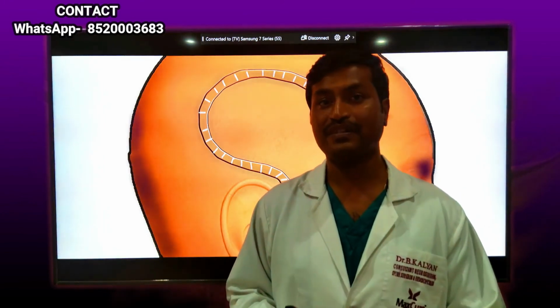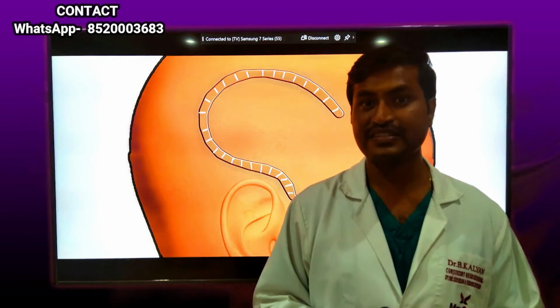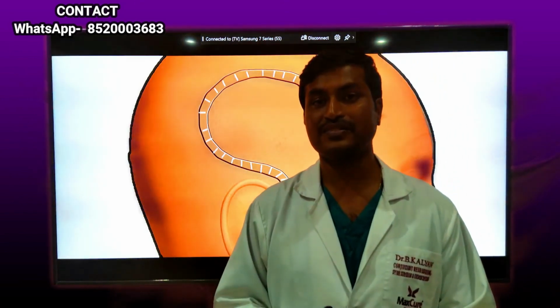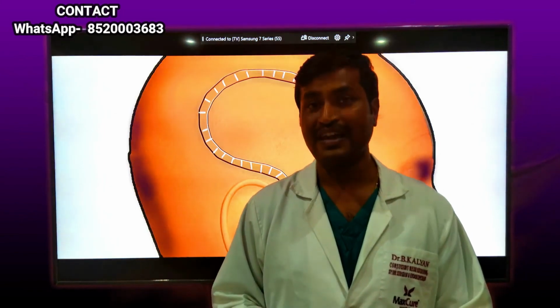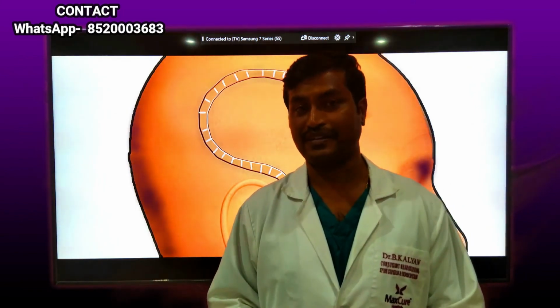And also one of the most important factors is the experience of the surgeon, and as I have told you, the microscope. So I hope you will take a proper decision to get it operated.